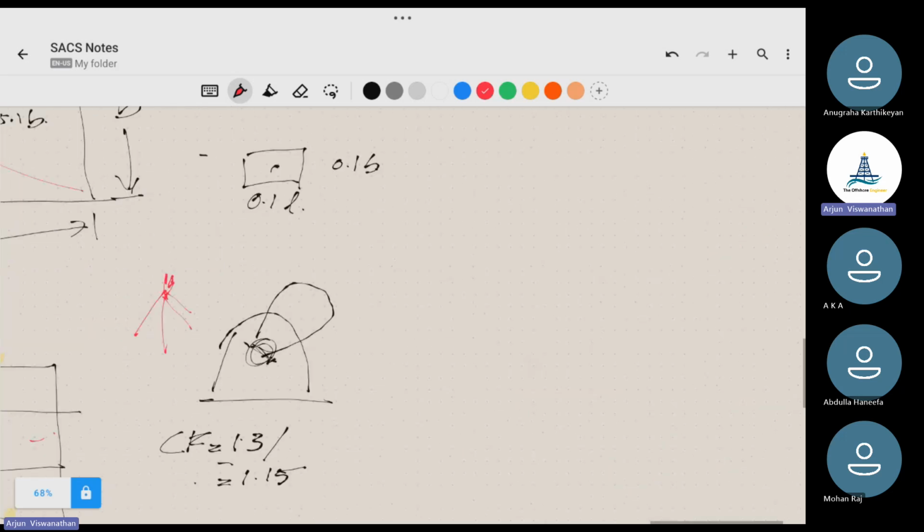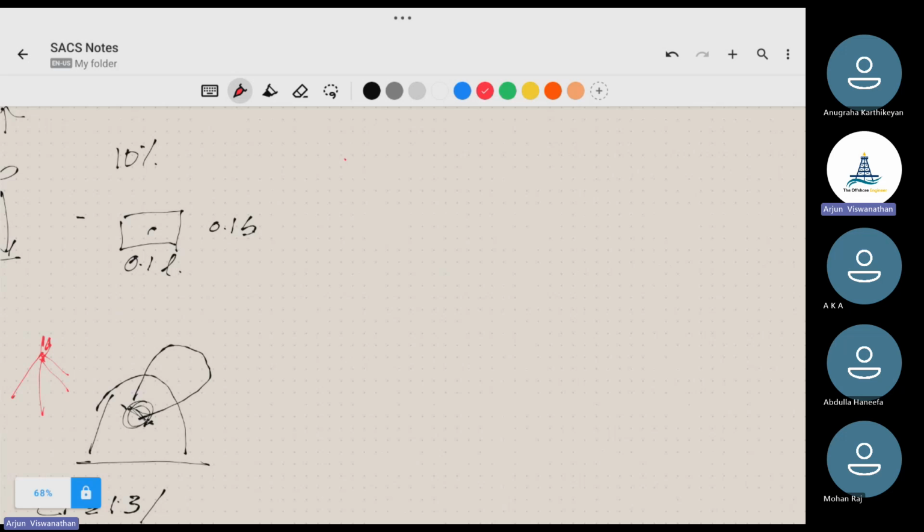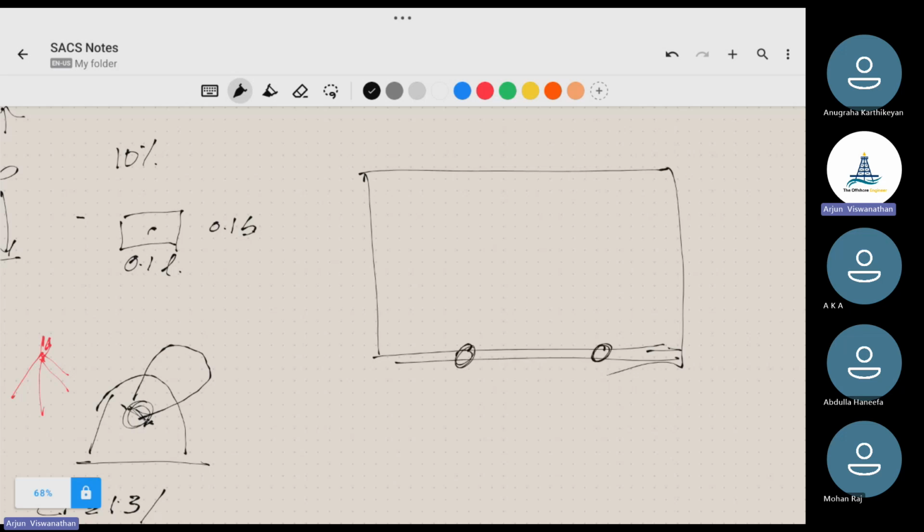Let me draw this one again. This is my plan view of the structure, and I have 4 lifting points.